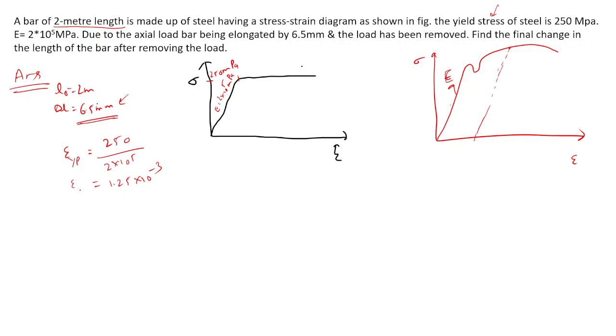So this will be the strain at the yield point. The maximum deformation possible till the yield point is strain into length. Strain is this and length is 2 meter, so it will become 2.5 mm. Maximum deformation possible is 4 mm, but it is 6.5 mm. So we come to know that it is outside of this, right?